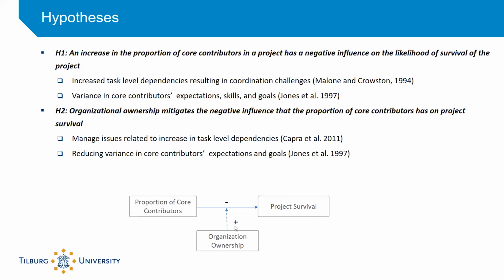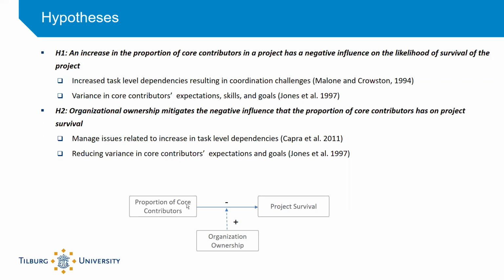And the reason for this kind of effect is because when organizations get involved, they bring in certain management practices that overcome coordination challenges, and they also reduce the variance in the core contributors' expectations, skills, and goals by creating these norms and this culture within an organization, which reduces the divergence across the people over there. People feel alike when they are within the same organization, rather than when they are just individuals.